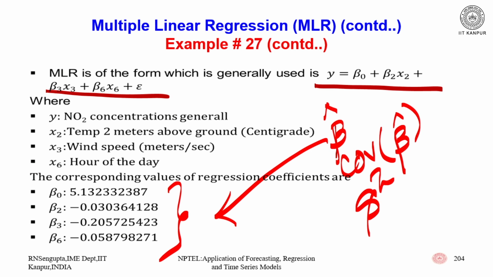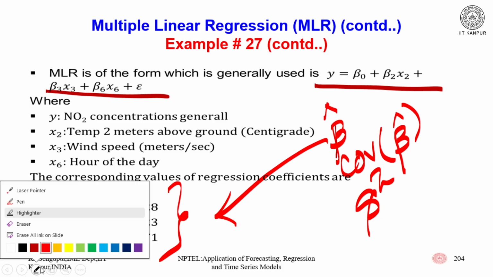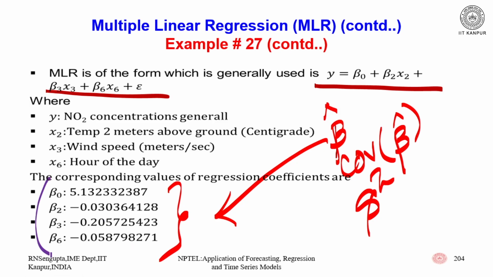Then the next beta value is corresponding to wind speed, and the last beta value is corresponding to hour of the day. And once we have that, the regression model gives us the answer, where beta naught hat is given by plus 5, I will only read till 2 places of decimal, plus 5.13, beta 2 hat is minus 0.03, beta 3 hat is minus 0.20 and beta 6 hat is minus 0.05. So, regression coefficients are given for this model and we can plot the model.